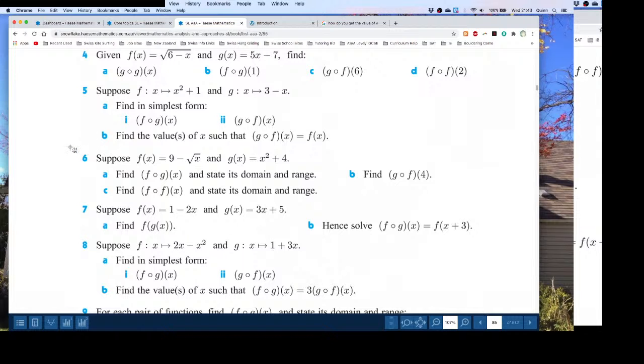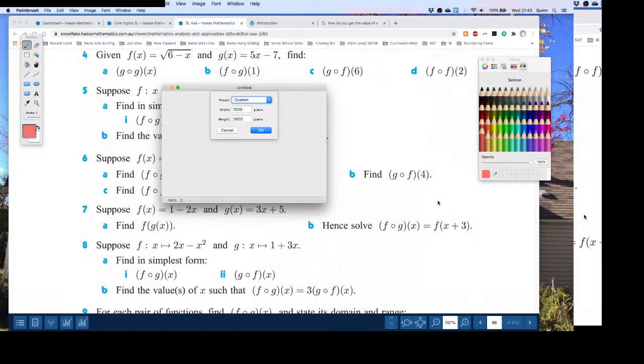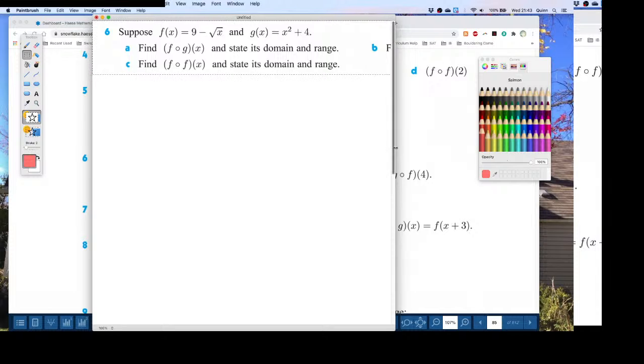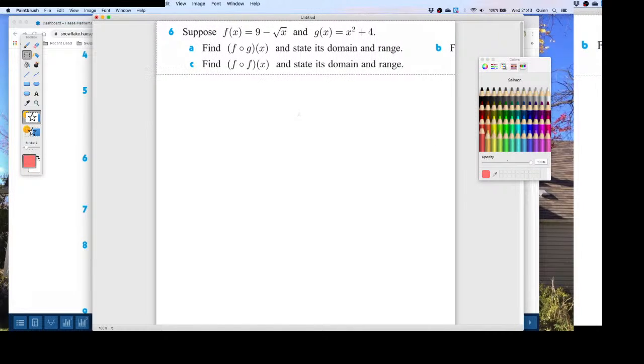Okay, so let's just do this number 6 here, okay? Let's suppose we have f of x and g of x equal to that. With composite functions, the first thing I do is rewrite them like this because it's easier to understand them. I don't like this FOG thing. According to our composite functions, wherever I see an x in my f of x, I should replace that with g of x.